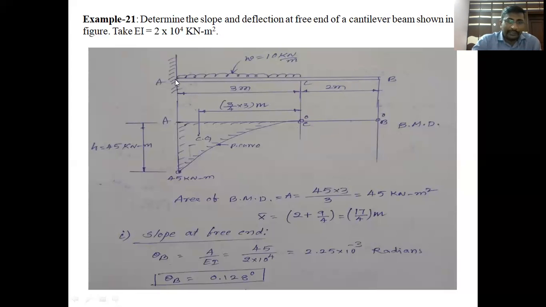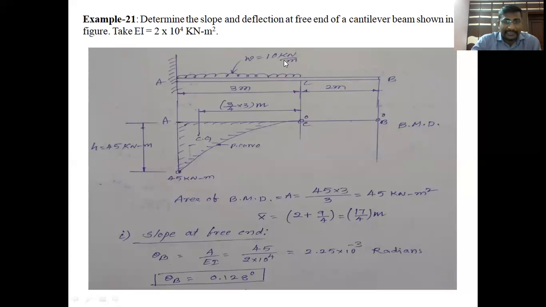And bending moment at point A. What is the bending moment at point A? It is the algebraic summation of all the moments on the right side of point A. So what are the moments? The load acting between A and C. Due to this load intensity, the moment will be developed at point A. So what is the total load?